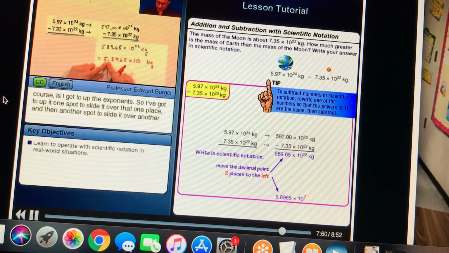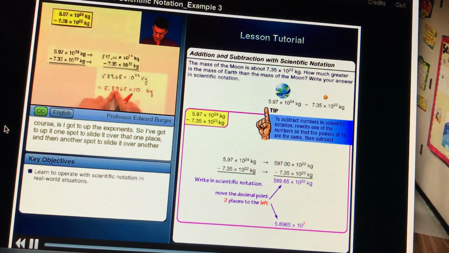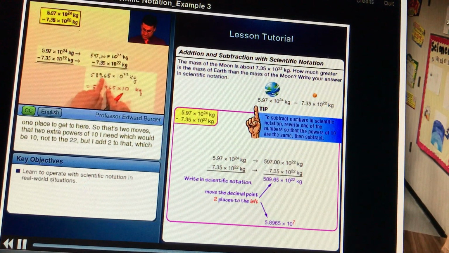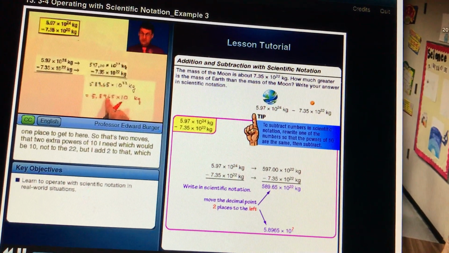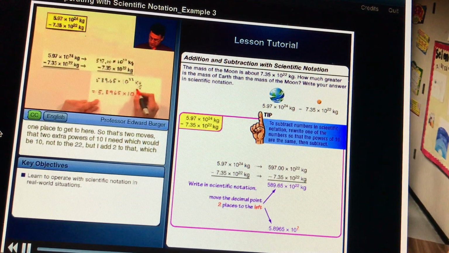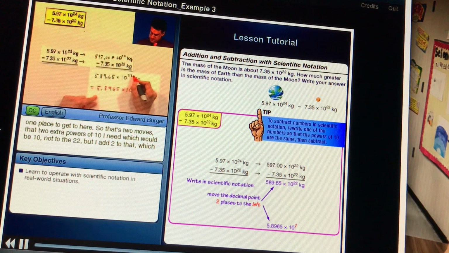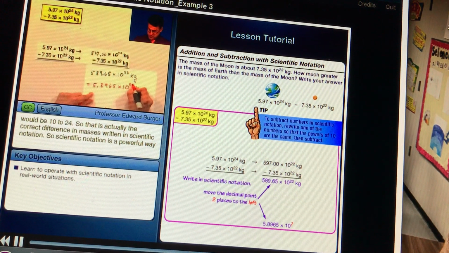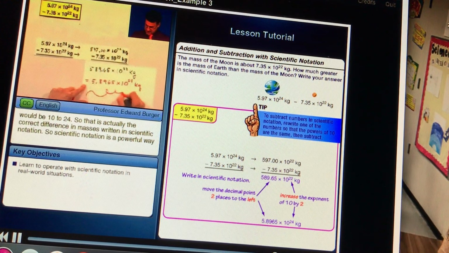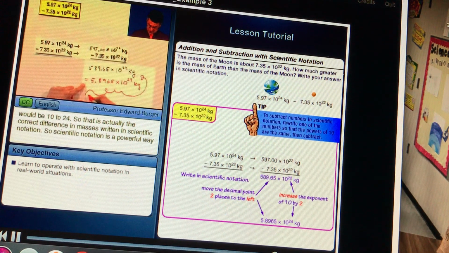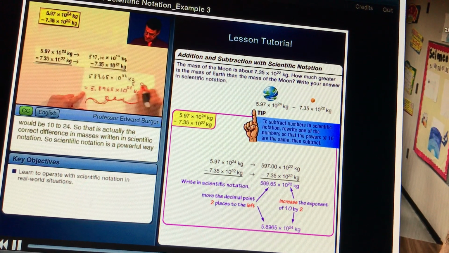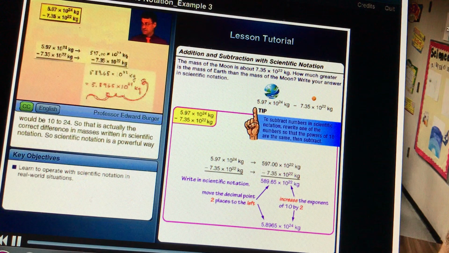So I've got to up it one spot to slide it over that one place, and then another spot to slide over the other place to get to here. So that's 2 moves. That's 2 extra powers of 10 I need, which will be not 10 to the 22, but I add 2 to that, which will be 10 to the 24. And so that is actually the correct difference in masses written in scientific notation.